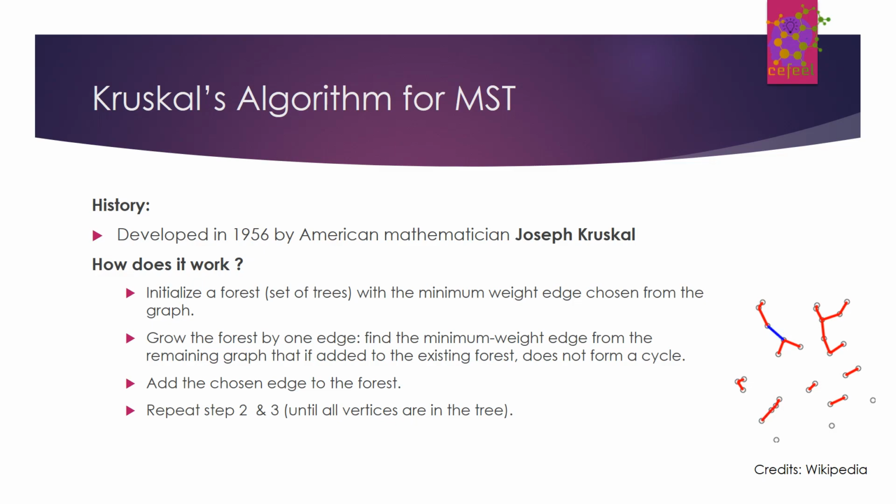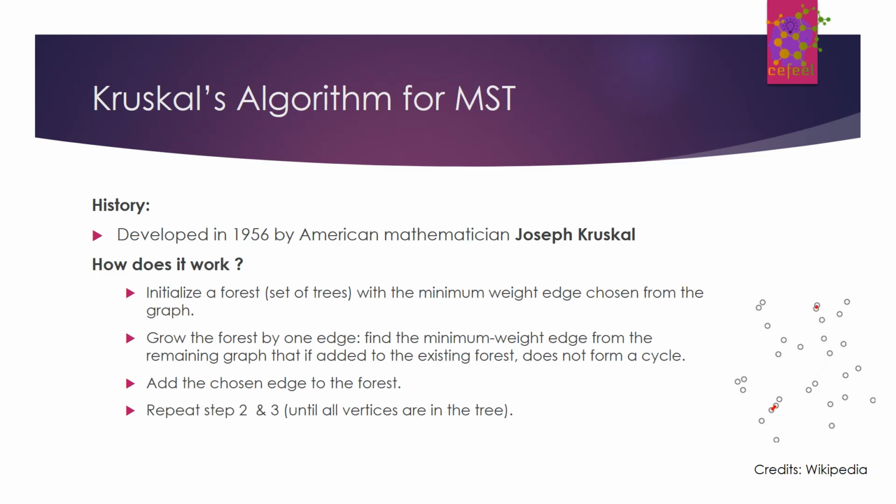And how does it work? Kruskal's algorithm focuses on the idea of adding edges to the existing tree. Initially we just initialize a forest, or basically a blank tree, and we choose the cheapest edge that is available and add it to the current tree.